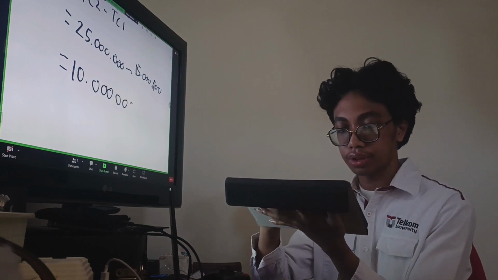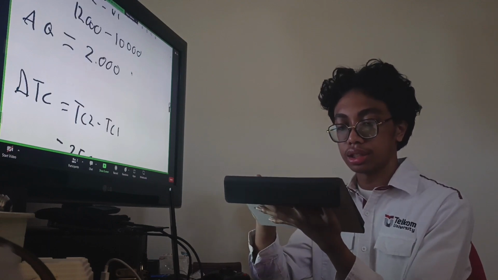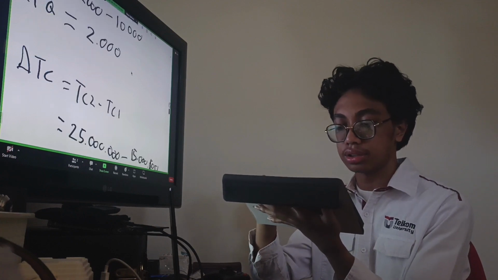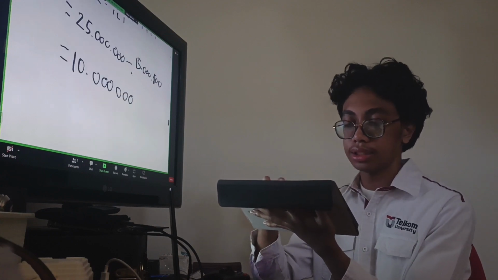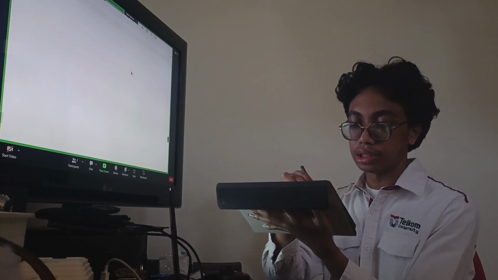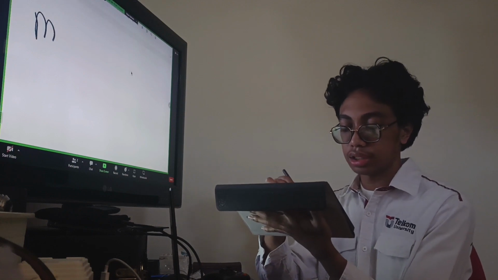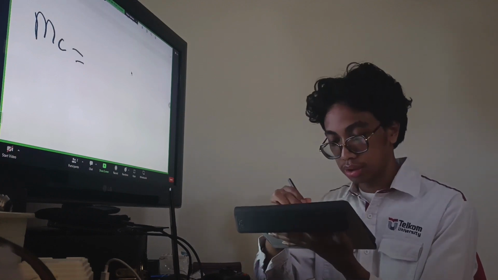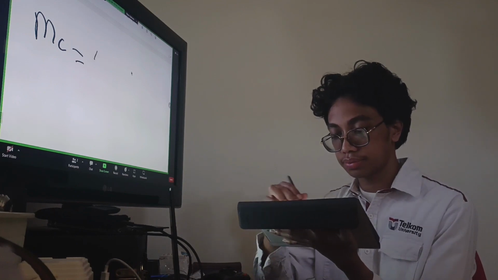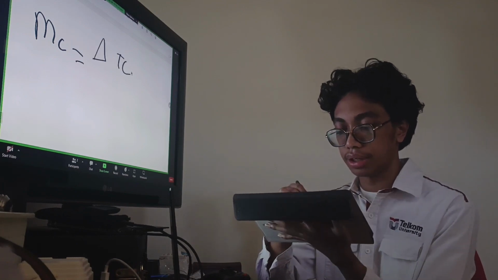Okay, and then after we got the delta quantity and the total cost delta, we go again to the formula, which is marginal cost equals delta total cost divided by delta quantity.